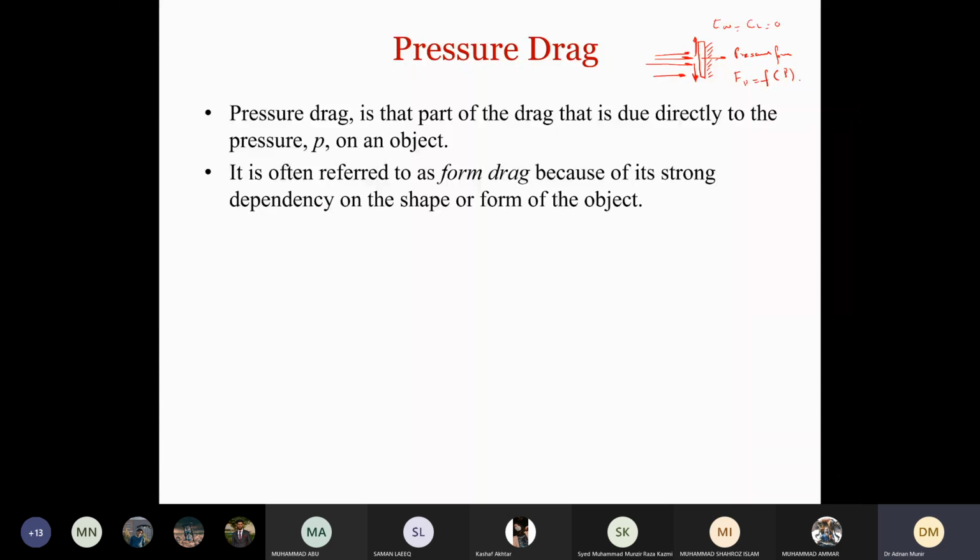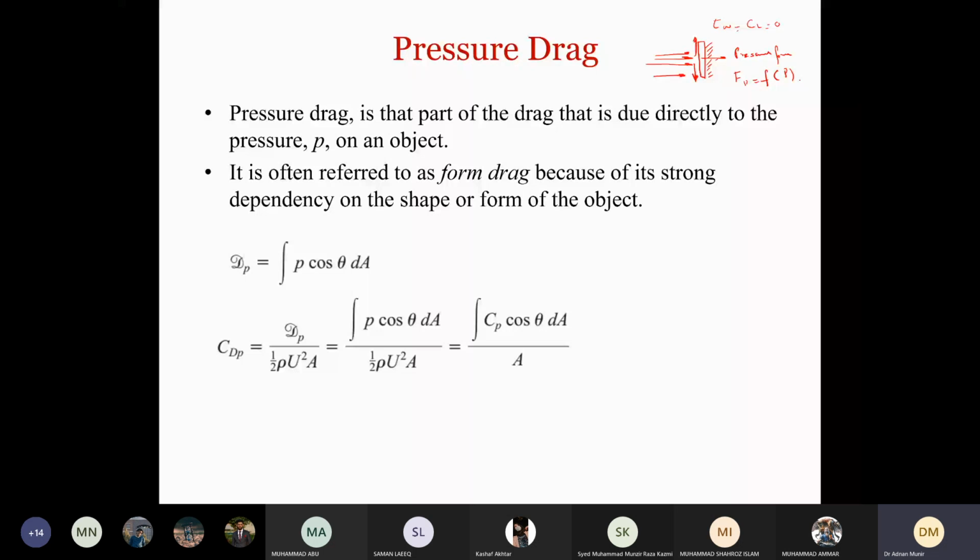So this pressure drag is often referred to as form drag because of its strong dependency on the shape or form of the object. And then mathematically Dp equals integration of p cos theta dA, and we can also represent it like this.